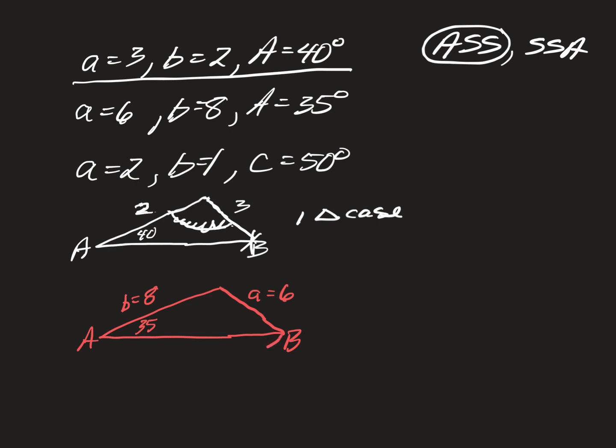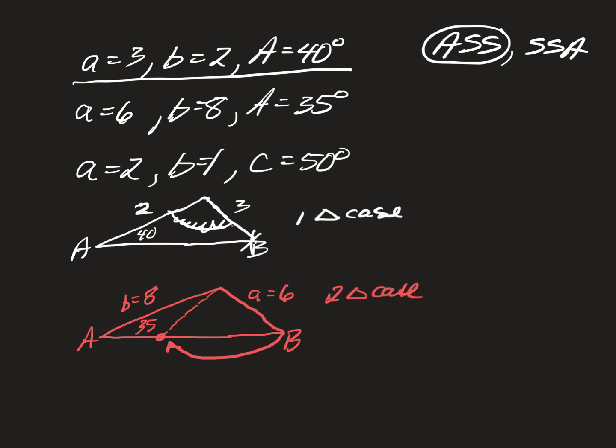In this case, we could swing this side over and end up making a completely different triangle. So one of the oblique triangles is acute, but the other one could end up being obtuse. And so this is what's called the two triangle case.